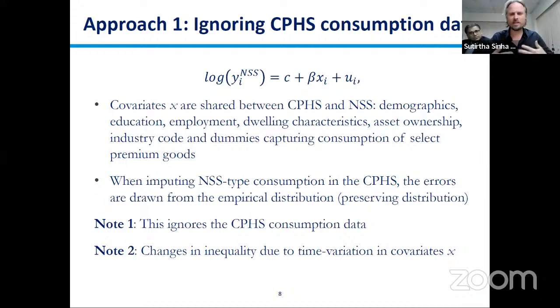So the variation in the consumption distribution in this case is going to be driven by the fact that there will be variation in demographics, education, employment conditions, dwelling characteristics, etc. over time. We should note that in this particular approach, the actual household consumption expenditure data that is collected by the CPHS is not utilized.